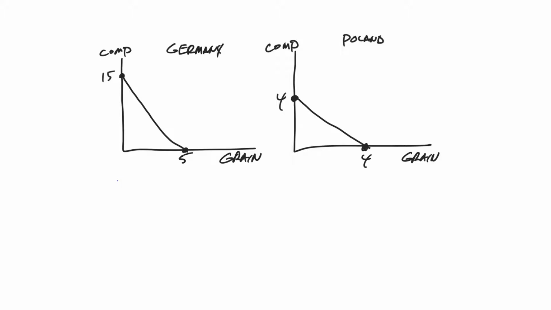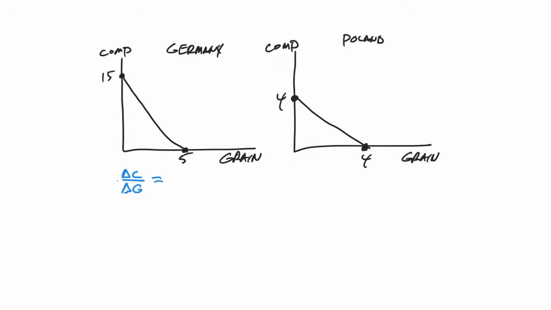So the opportunity cost is a change in computers divided by a change in grain. The reason we want grain in the denominator is that we want the opportunity cost of 1 unit of grain. If it's going to be 1 unit of grain, the denominator always becomes a 1. So we put grain in the denominator.